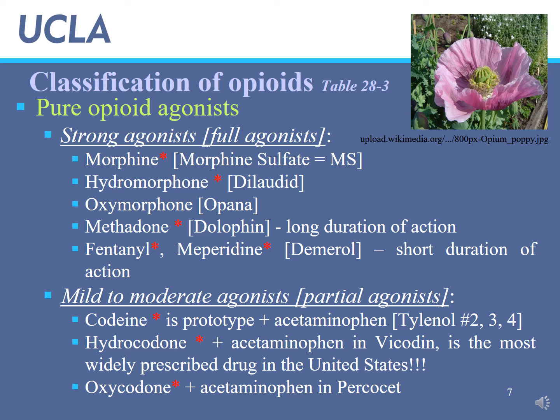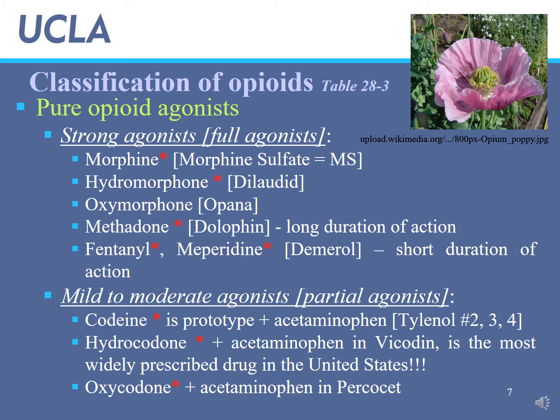So here is another classification of those opioids. You see you have the pure opioid agonists, so the full agonists, the strong agonists. Morphine, of course, is the most commonly used opioid analgesic in practice for severe pain. So you have morphine, and then you have hydromorphone, oxymorphone.